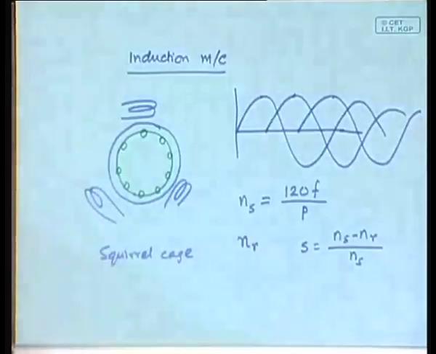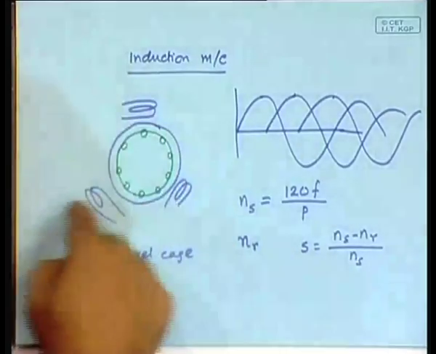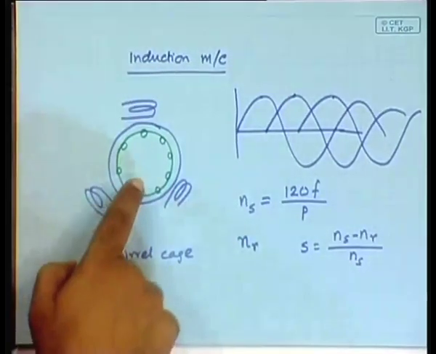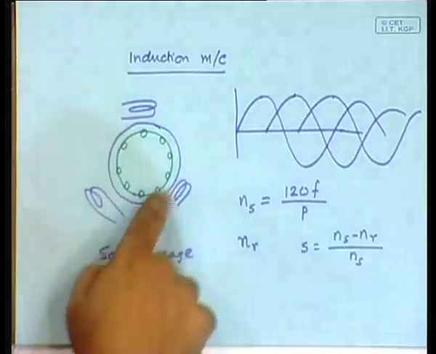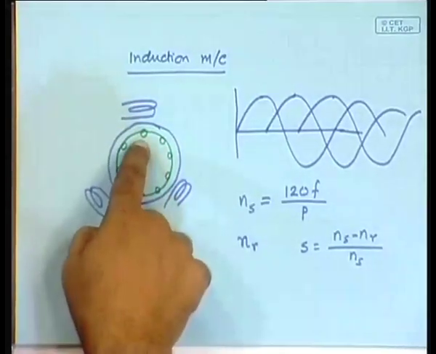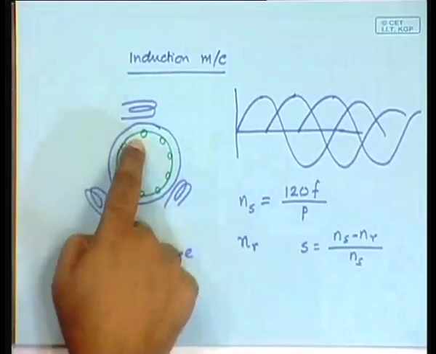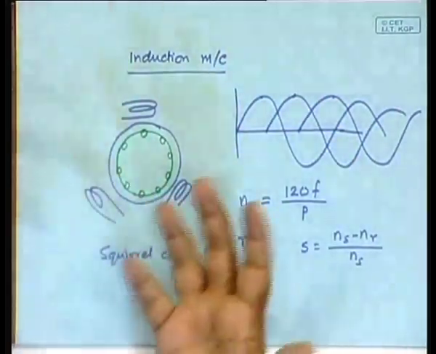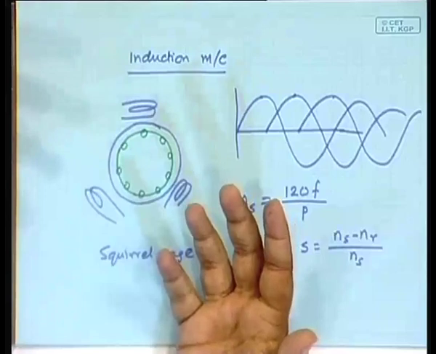Now in doing so, first realize that suppose this fellow is static, suppose this fellow is not rotating, you are somehow holding it, and you are energizing the stator, and there is a rotating magnetic field. What actually will happen? What will happen is that because of the varying magnetic field, there will be a voltage induced, there will be a current, and all that will happen, and that is in no way different from what happens in a transformer, right?